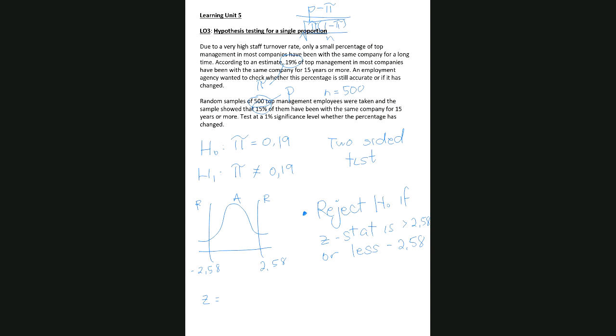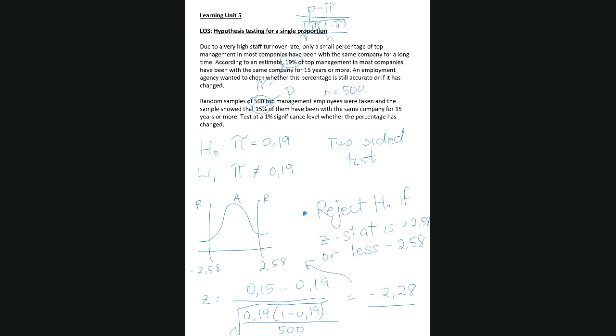So into the formula goes the p-value of 0.15 minus pi, which is 0.19, over the root of pi multiplied by 1 minus 0.19 over n, which is 500. This would give you a z value of minus 2.28, which you would then compare to your region of rejection and acceptance.